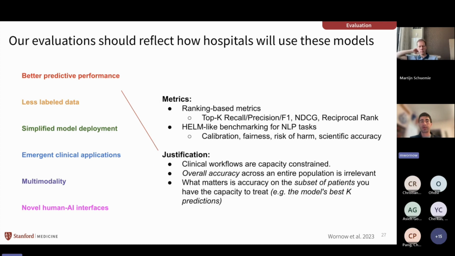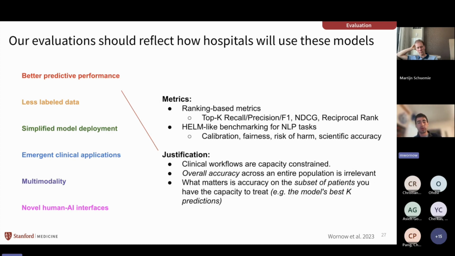If you were deploying these models into sensitive settings, for example, fairness, right? Risk of harm, its ability to ground predictions in citations and not hallucinate them. So there's a lot of concerns in a healthcare setting that you might care about besides just how well it does on these multiple choice exams.